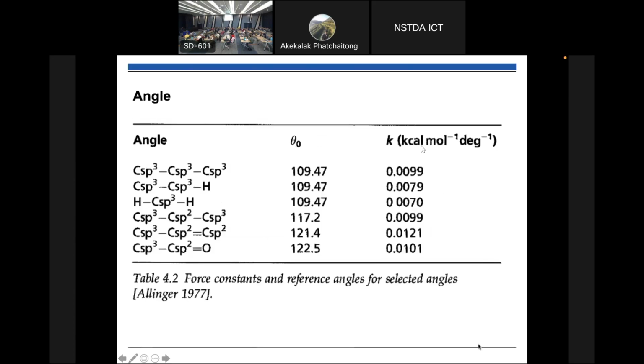So now, these are the angles. Again, sp3, sp3, sp3, 109. You know that generally it's a tetrahedral molecule, so it's 109. This is your K value for these different atom types, and so then the angles.